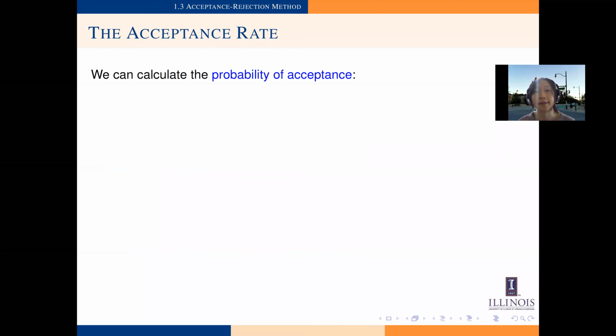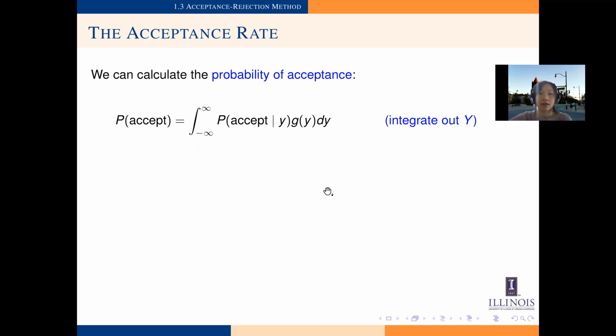Under this acceptance rejection procedure, it is possible for us to calculate the theoretical probability of acceptance. So what is the probability that we sample a y and this turns out to be accepted as a valid sample of x? The probability of acceptance is equal to the integral from negative infinity to infinity of the probability of acceptance given a particular y times g(y) dy.